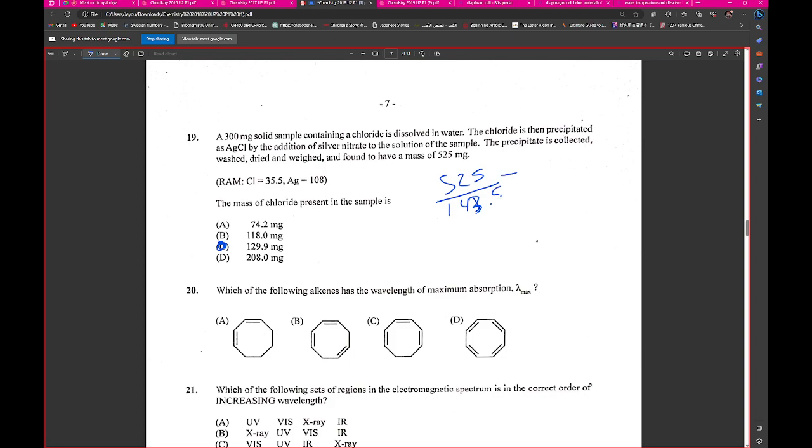And then that would give us 3.65, and then you times that by the mass of chlorine.